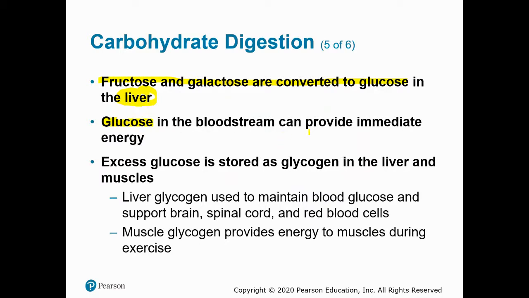The glucose in the bloodstream can then provide immediate energy wherever it might be needed. So different cells throughout the body can pick it up and utilize it. Whenever there's excess glucose, we're going to store it as glycogen. And again, we store glycogen in the liver and in the muscles.